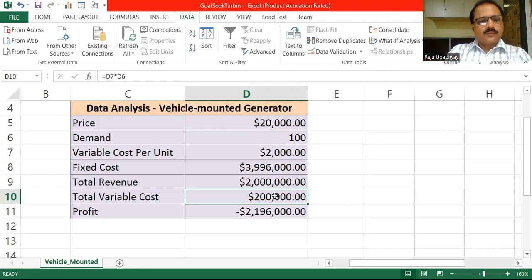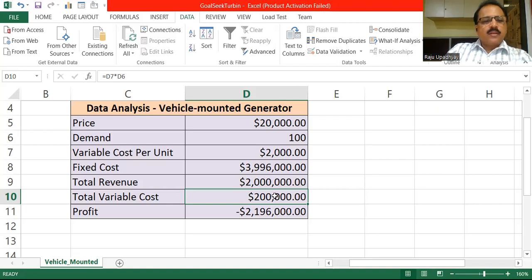This cost includes the cost of labor, the cost of raw material, and other overheads. The total expense is calculated as the sum of fixed cost plus variable cost.